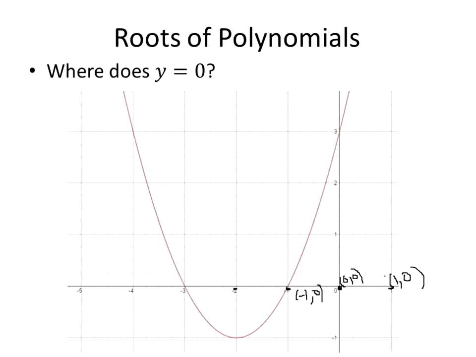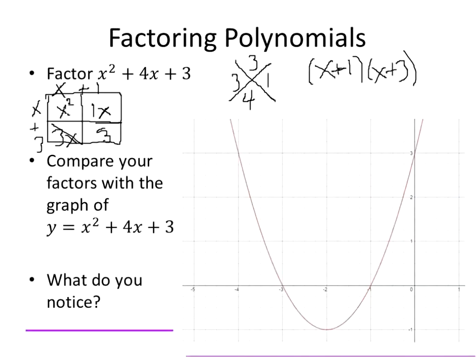That's why when we look at those points, the one right here and the one right here, we could set that equation equal to 0: those points are on the x-axis, and since we're on the x-axis, we can say the y value is 0.